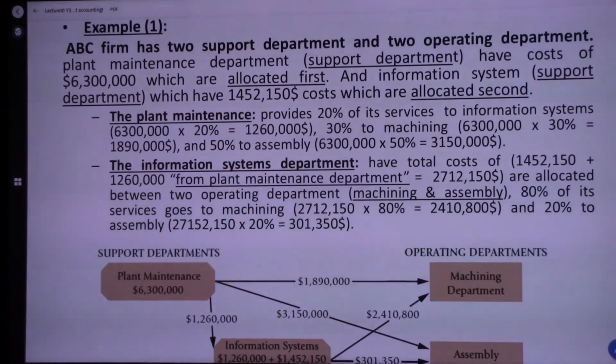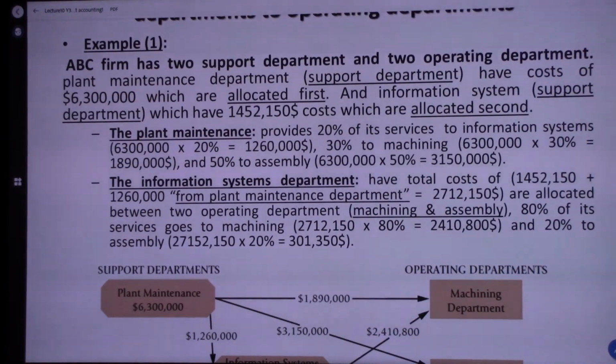When I'm allocating from supporting department to operating department, I have to finish the supporting department costs till I reach a zero balance before transferring to another department. The 3 examples, I'm only requiring you to repeat them again. Try to solve them by yourself again at home and see how easy it will be for you.